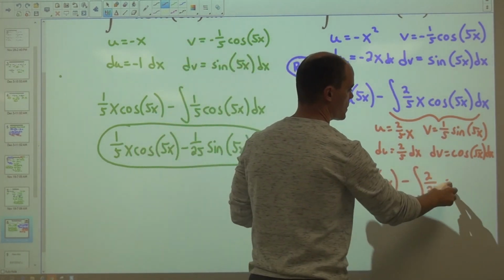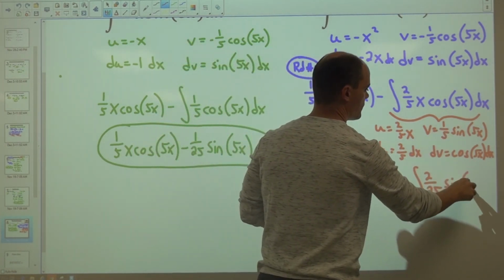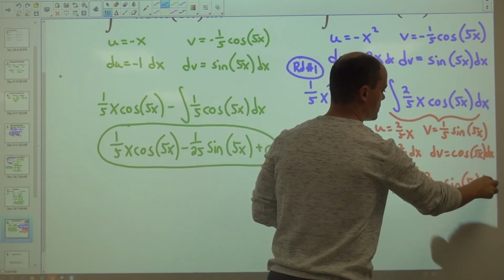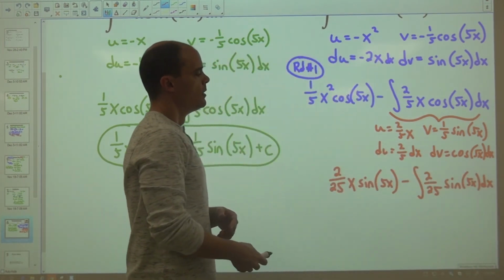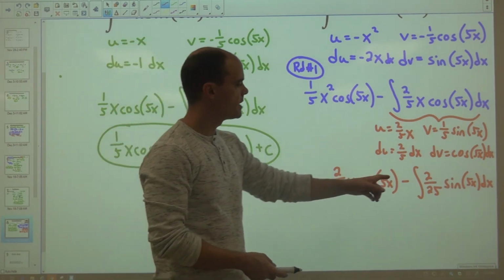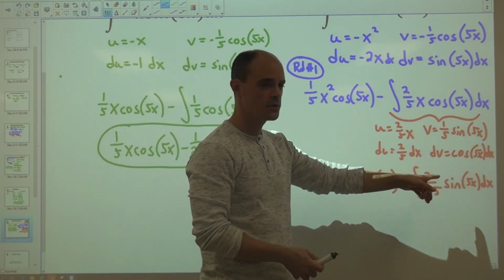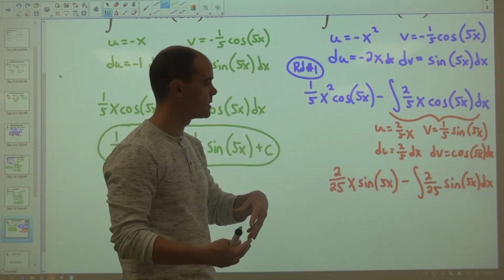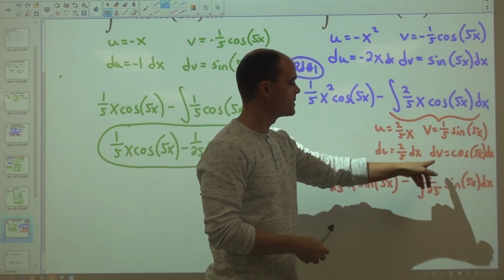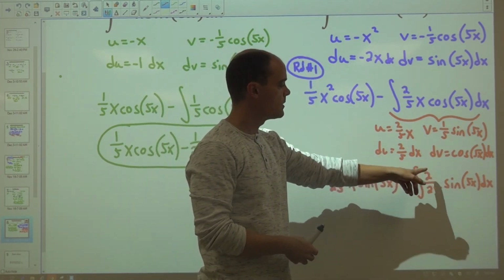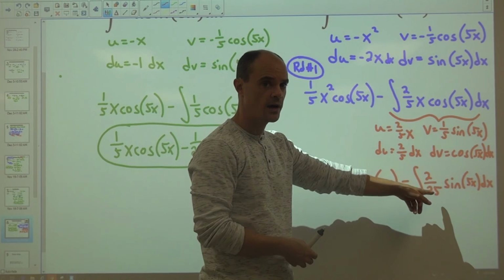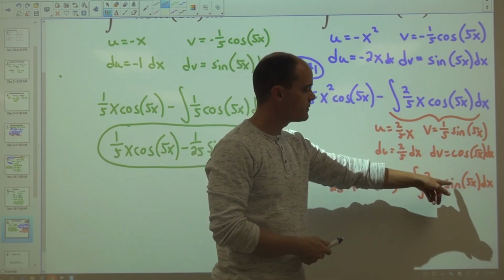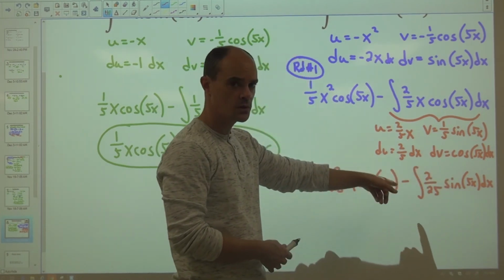And then I've got sine of 5x dx. Oh, still not done. I have to antiderive this. I'm going to do this in one step. Follow my logic here. Another 1/5 is going to come out. So I'm going to have 2 over 125. And the antiderivative of sine is the negative cosine.